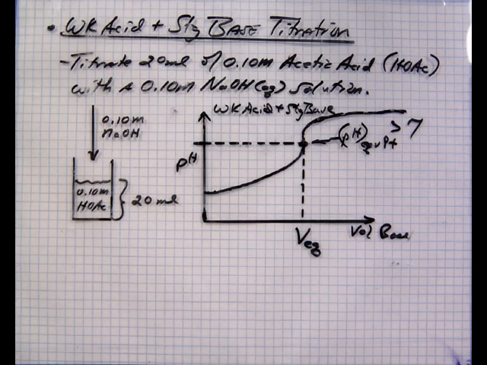We'll start with 5 mils, go to 10, and then say 19.999 and so forth. Do the same routine. But the one thing that you have to take into account in this type of titration is the common ion effect. It also has to be taken into account for determining the pH as you titrate the weak acid.